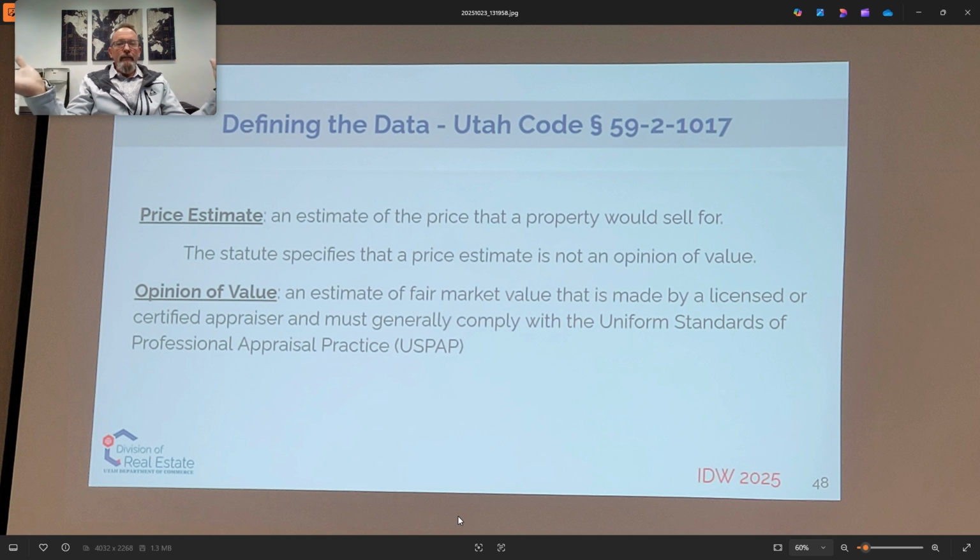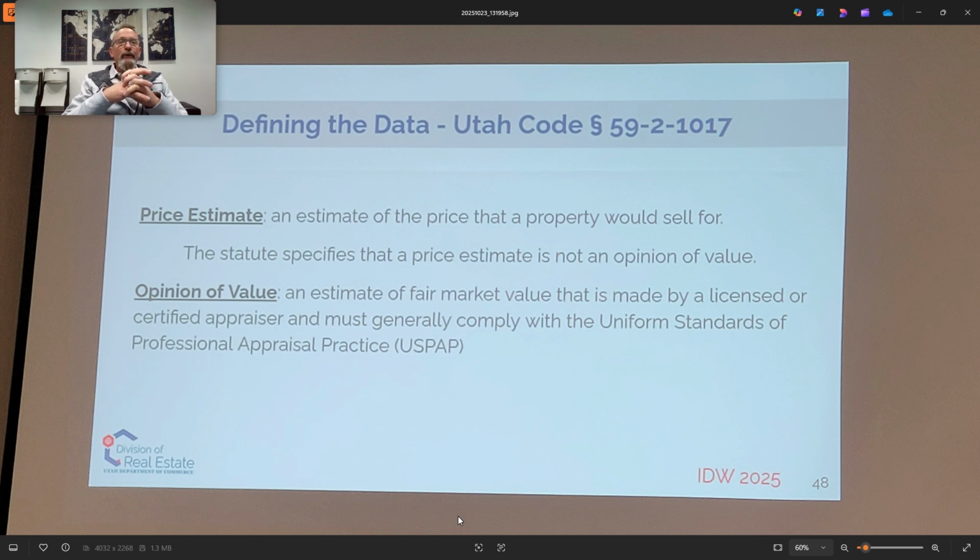You can see the second portion, right? An opinion of value. This is like sacred wording in the DRE's view and per the Real Estate License Practices Act, the law. That term, an opinion of value, is explicitly restricted for appraisers. So if you nonchalantly or unwittingly, not paying attention, say, here is my opinion of value, you are now in violation of the law.